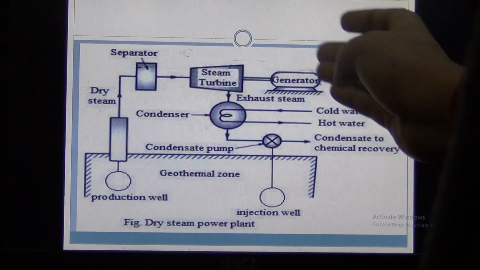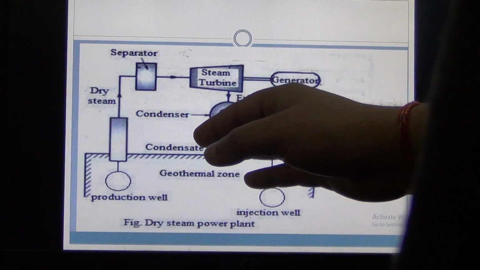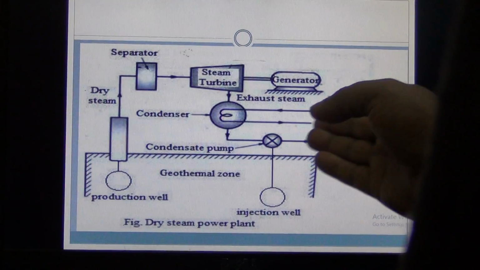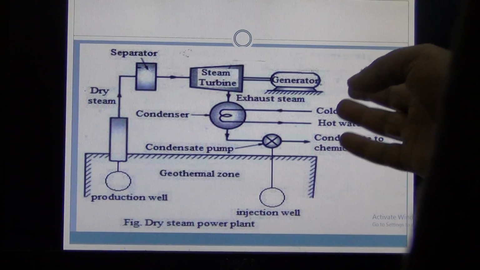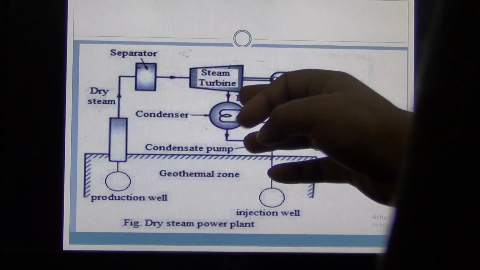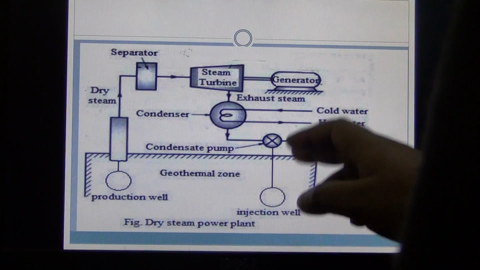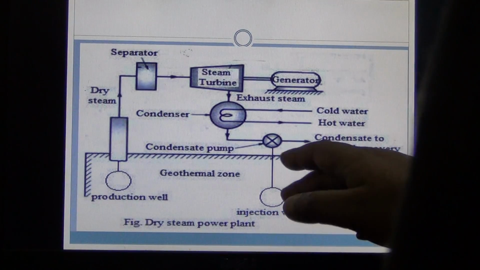Mainly the steam is used for electricity generation, and the condenser is used to convert cold water into hot water. This steam is then condensed and reinserted through the injection valve.